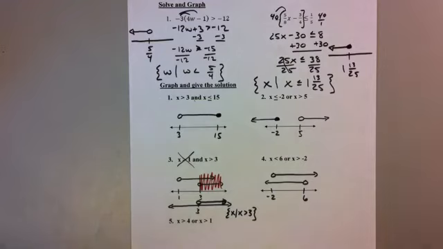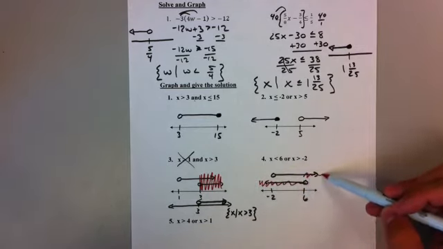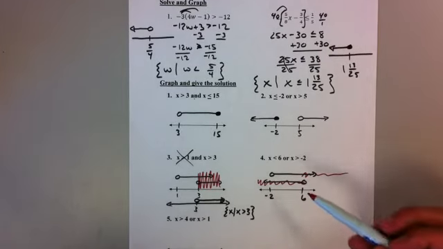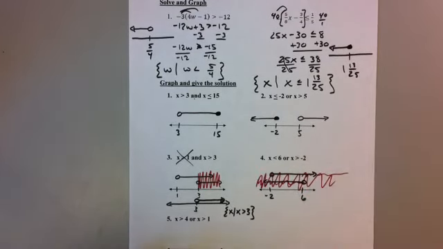So remember what I said. For an OR statement, as long as a number satisfies one or the other statement, I'm pretty happy. Well, as I look at this graph, where are all the numbers that will satisfy one or the other? Well, all these will, as well as all these going out that direction. So essentially, everything up here would satisfy either one or the other.